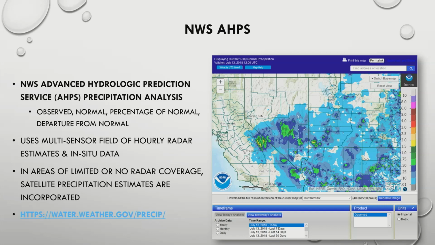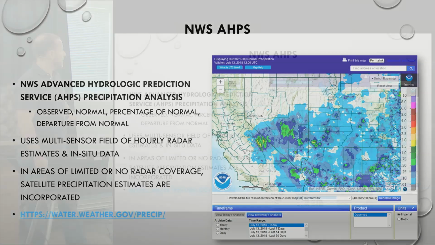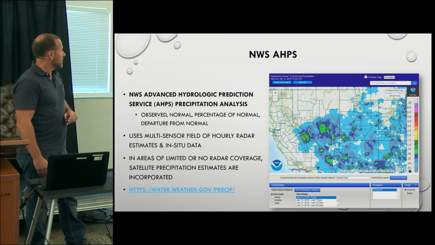You can also get percentage of normal as well. And just a quick note on the AHPS data, as I mentioned yesterday, using it in the western US, you kind of have to use caution with some of the data because of the radar gaps that we have in the western US.